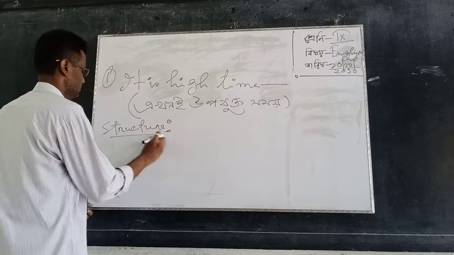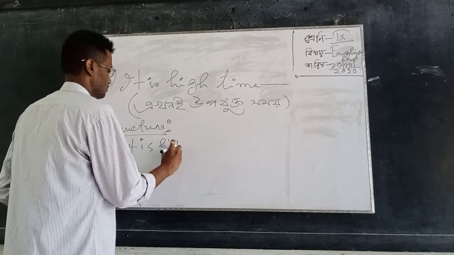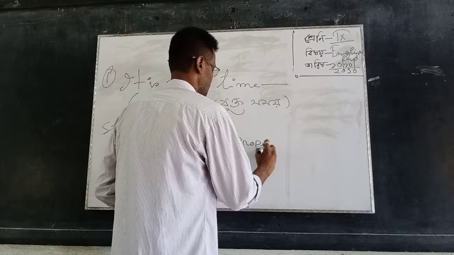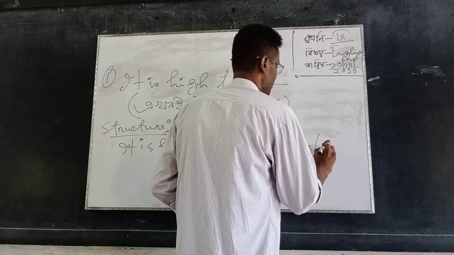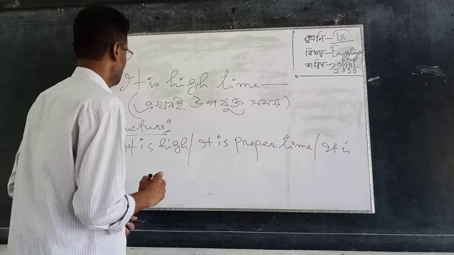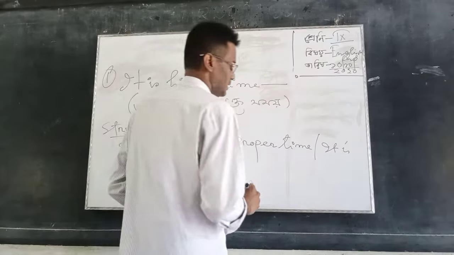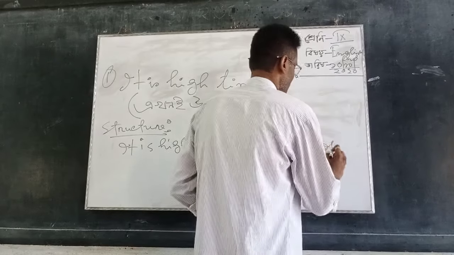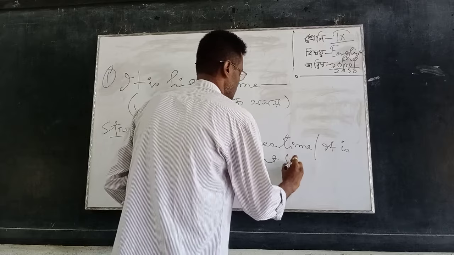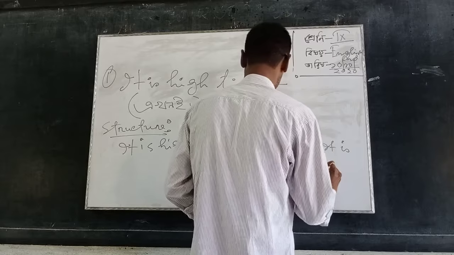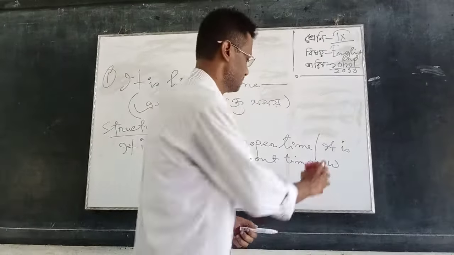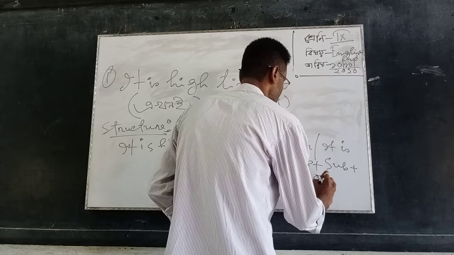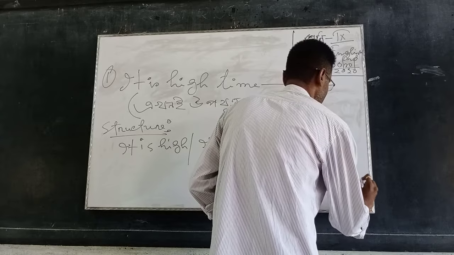Structure: It is high time, oblique, it is proper time, oblique, it is about time, plus subject, plus PV2, plus object, plus extension.